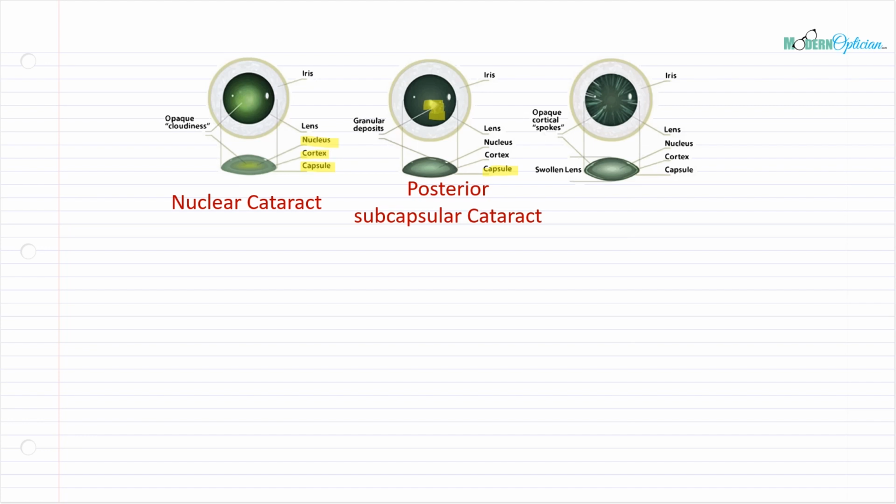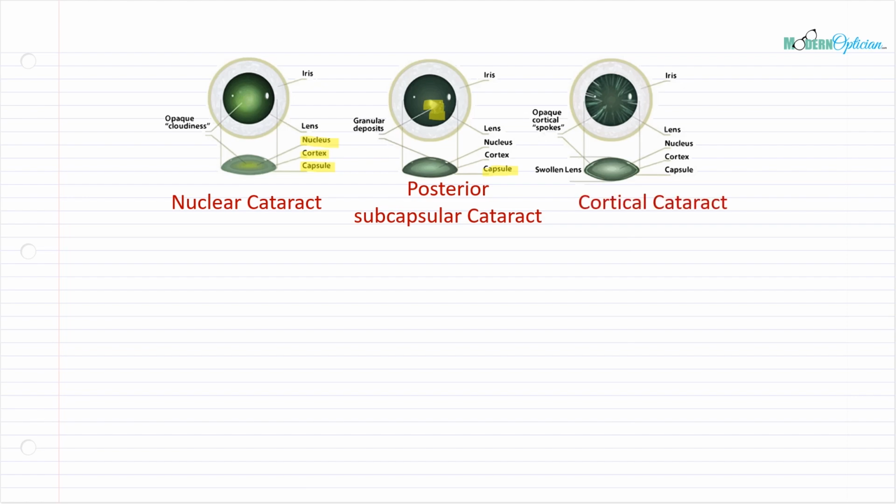A posterior subcapsular cataract can be very detrimental to vision, or it could be pretty benign. So it's really dependent. And this one can be very hard to detect, and definitely not one you're going to detect just by looking at the patient. It has to be seen through the slit lamp. However, it is a very common type of cataract and can be quite significant.